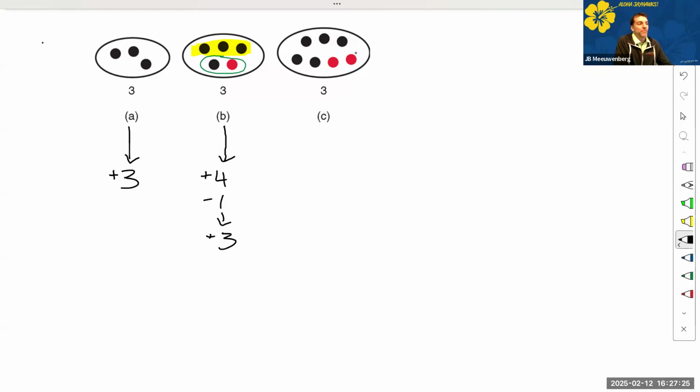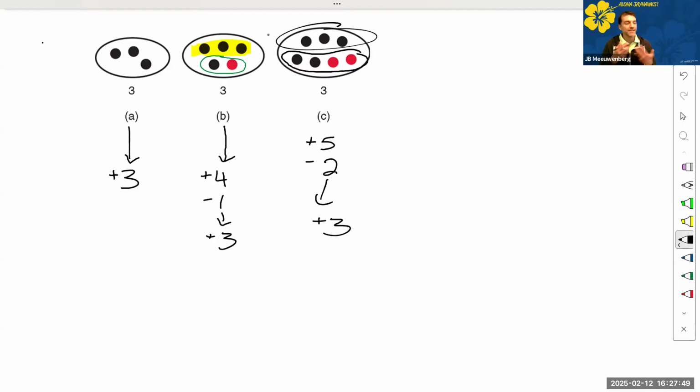Same thing happens here. Now we have 7 total chips, but 2 of them are red. And so these 2 red will cancel out with these 2 blacks, right? So we would have +5 and -2. And the total value would be, again, +3, the leftover ones.